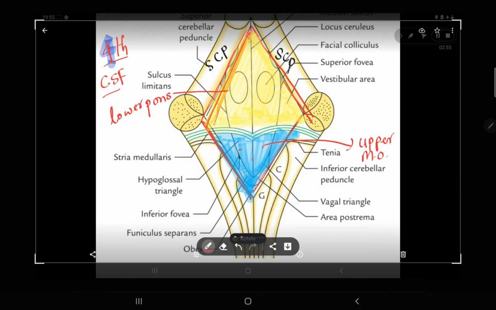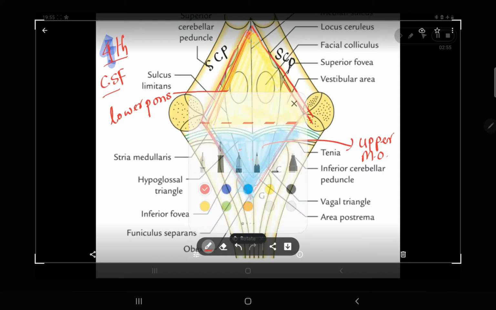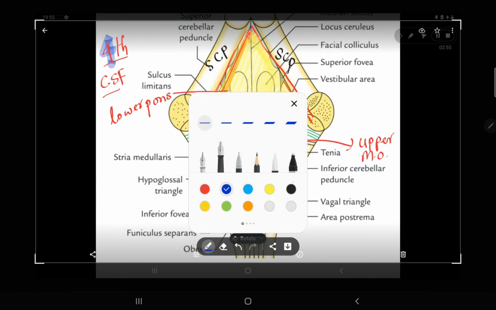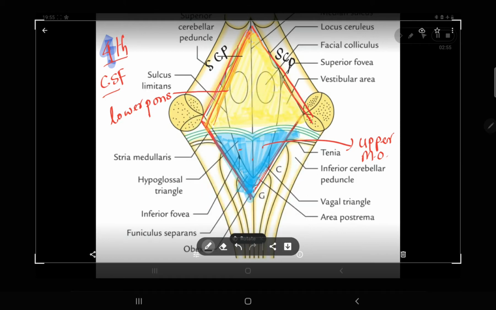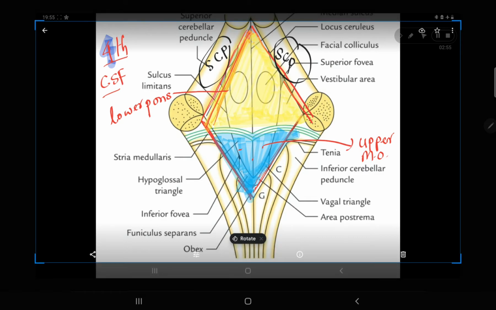I am writing MO. Now this is actually the fourth ventricle. Its superior lateral boundary is your superior cerebellar peduncle. This superior cerebellar peduncle is the superior lateral boundary of your fourth ventricle.